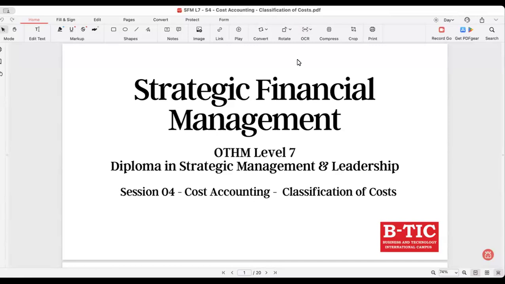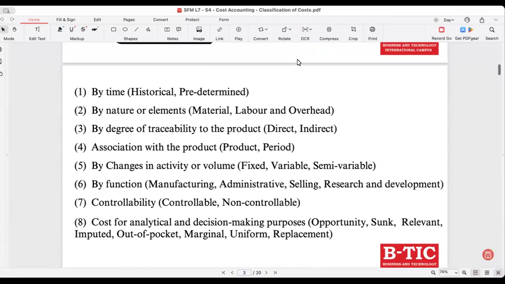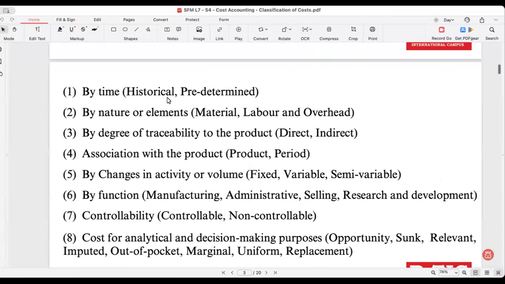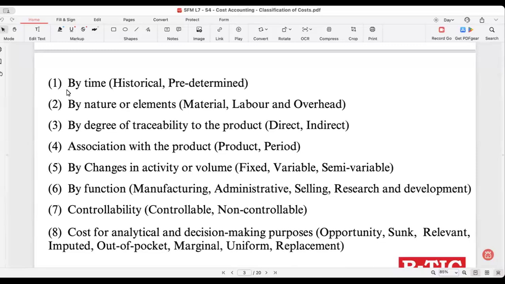How are costs classified? Costs are classified under 8 categories. Number 1, by time. Number 2, by nature of elements.